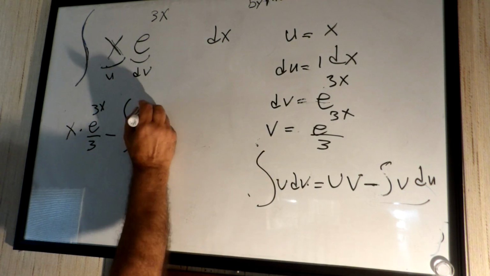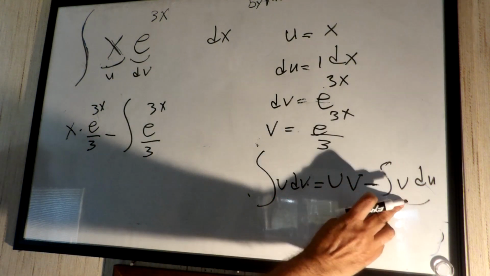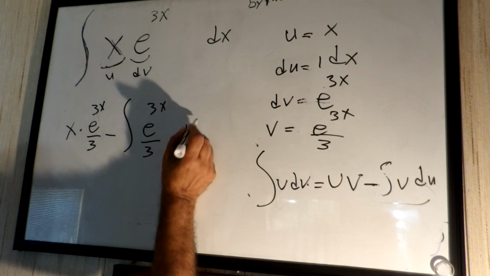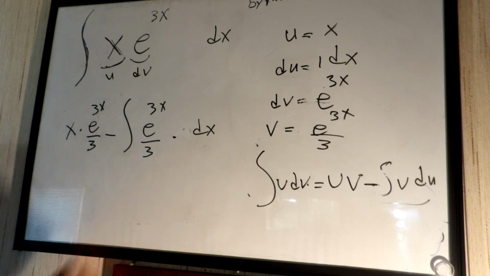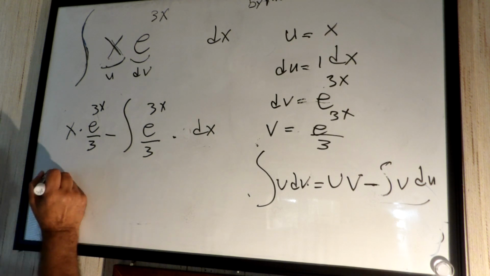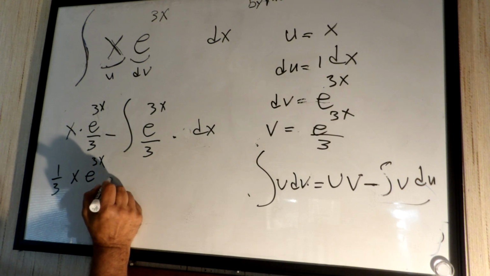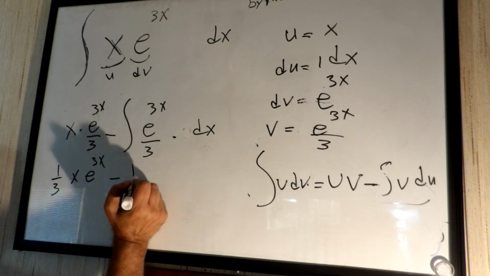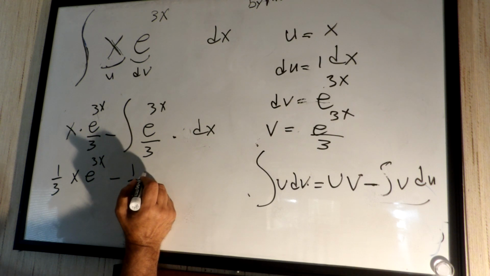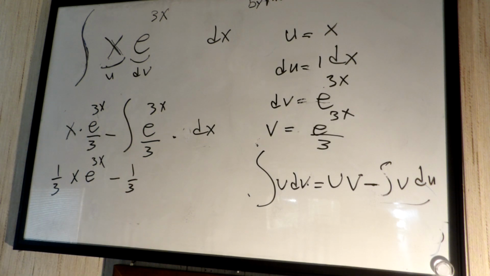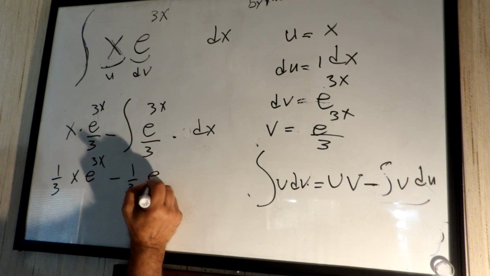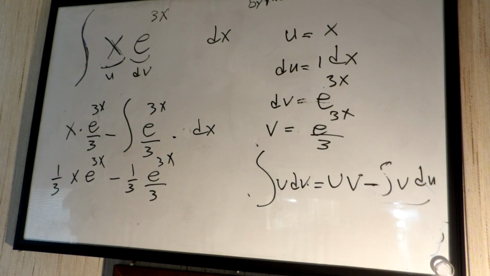Actually, it's going to be 1/3 x e to the power of 3x, and then the integration of this is going to be 1 over 3 times e^(3x) divided by 3, plus c.